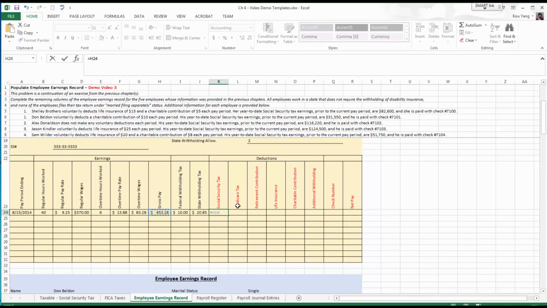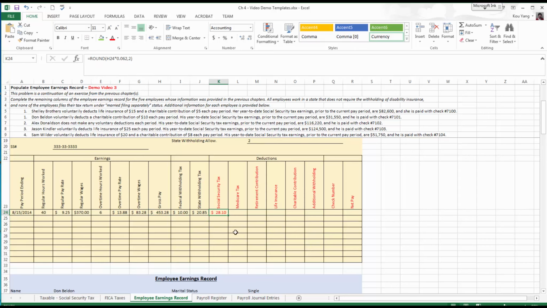So I'm going to take our gross pay and multiply it by 0.062, and I'm going to round that to 2 decimal places.